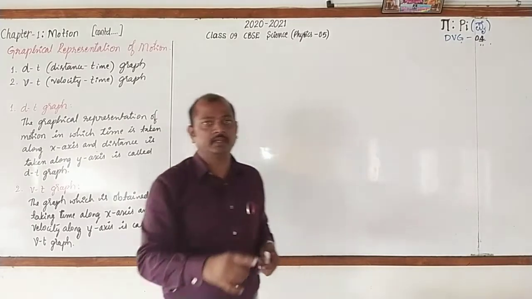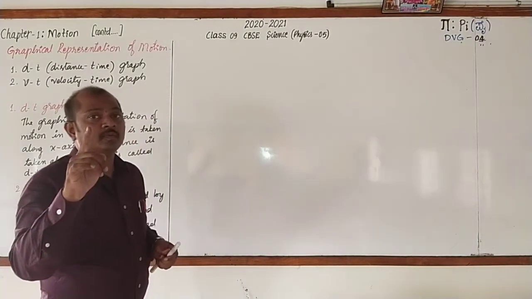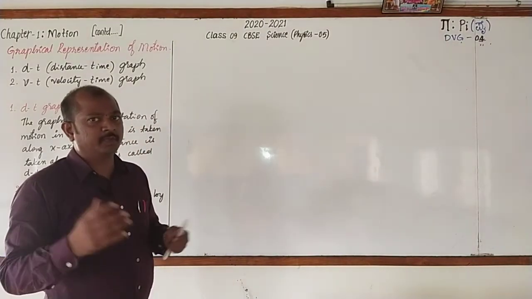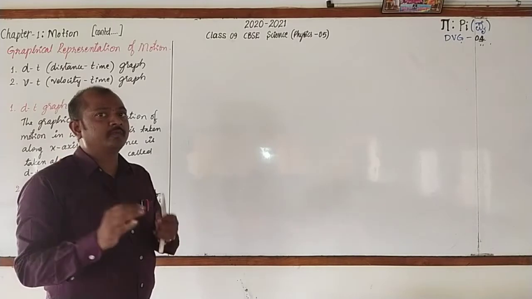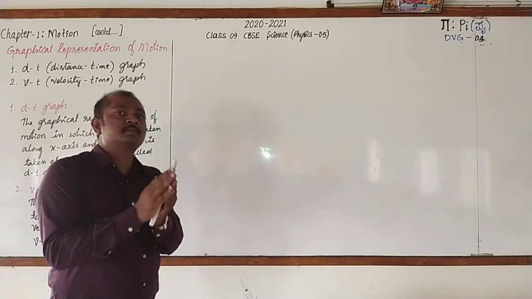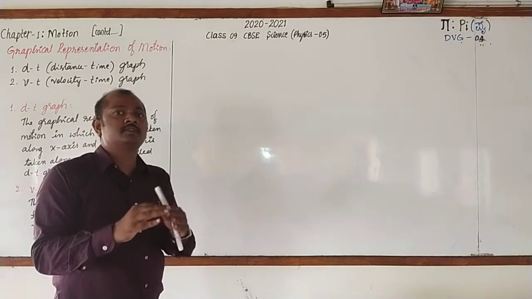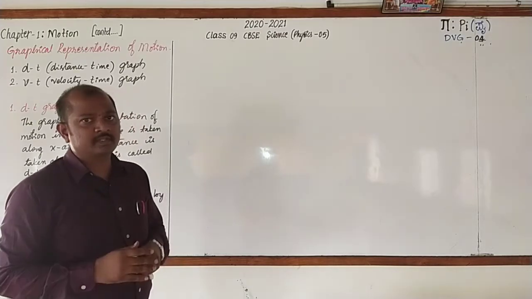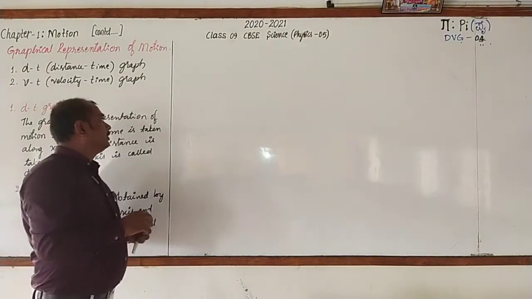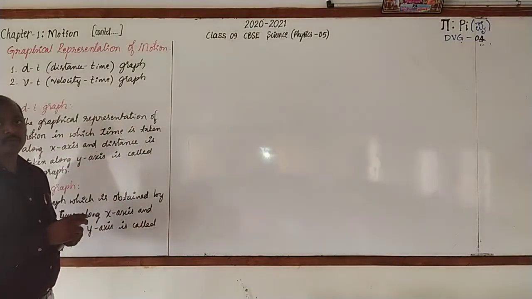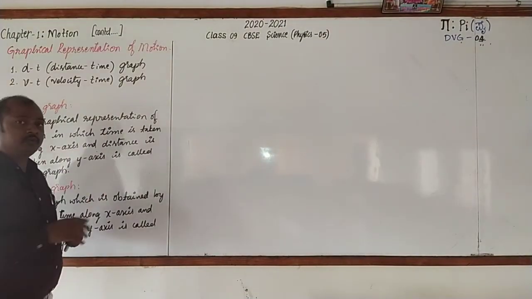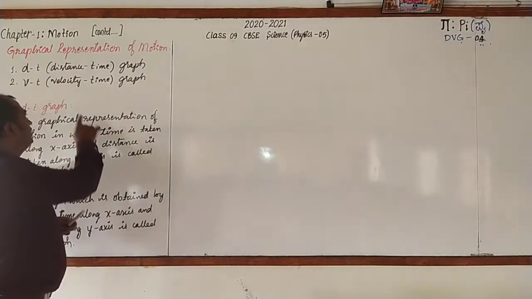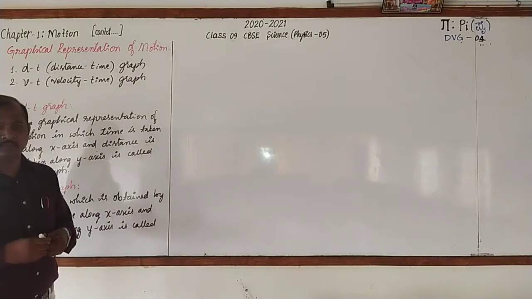Yes, you are right, it is velocity or speed. In the case of a graph, we consider distance and displacement as the same, and velocity and speed as the same. Do remember that.